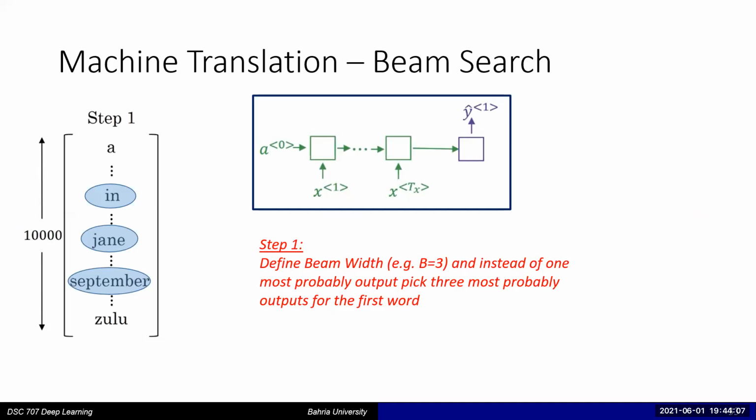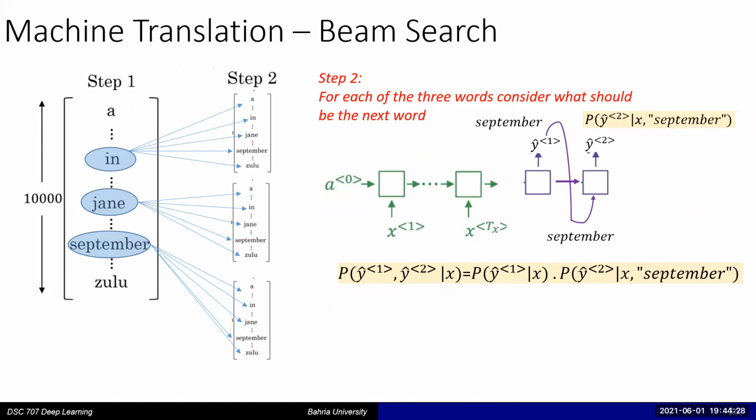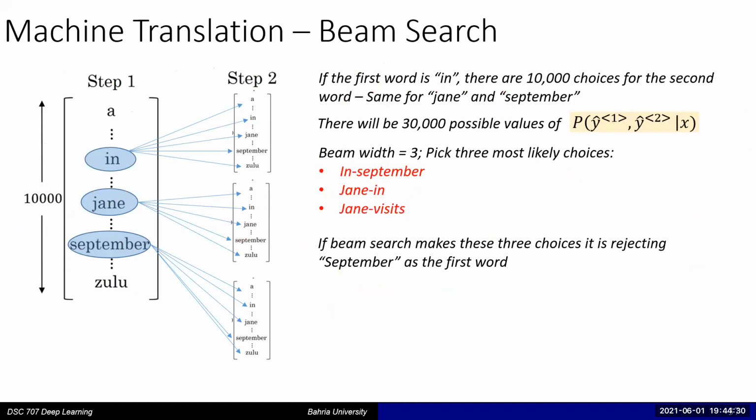So what we did, we first defined a beam width, which was 3 in this example, right? And then for each of the 3 words, we consider what is the most likely next word. It means I will fix this word and then say, out of these 10,000, what are the 3 most likely words? If I fix this, what are the 3 most likely words, and so on. Once we are done, we'll have 9 possible choices.